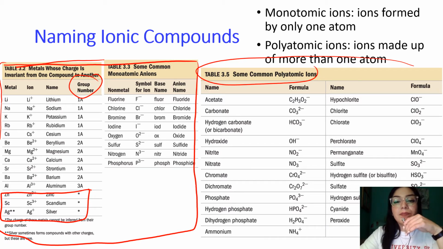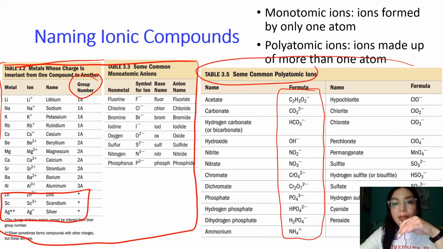Polyatomic ions. So polyatomic ions are ions that are made up of more than one atom. All of these compounds here have covalent bonds within them, because if you look at them, they are nonmetal with a nonmetal, nonmetal, nonmetal, and for the most part, that's what they are.